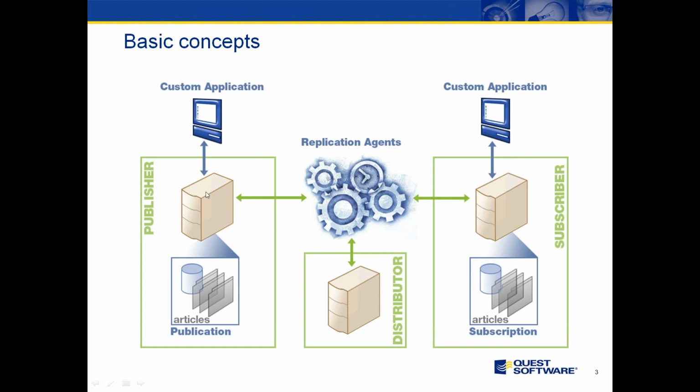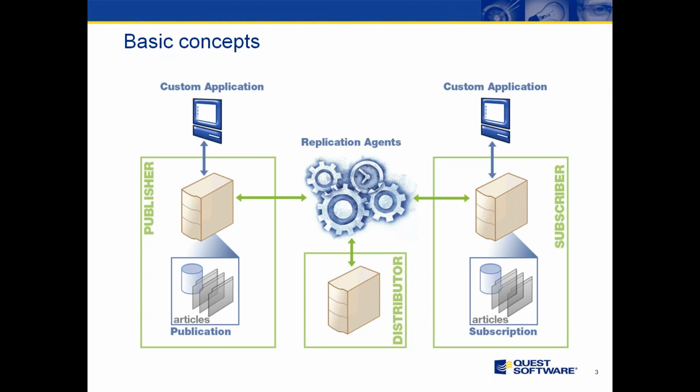So how will the data be transferred from publisher to the subscriber? In replication, we have agents. Agents are nothing but SQL jobs. For each replication type there are different agent types, and those agents act accordingly.